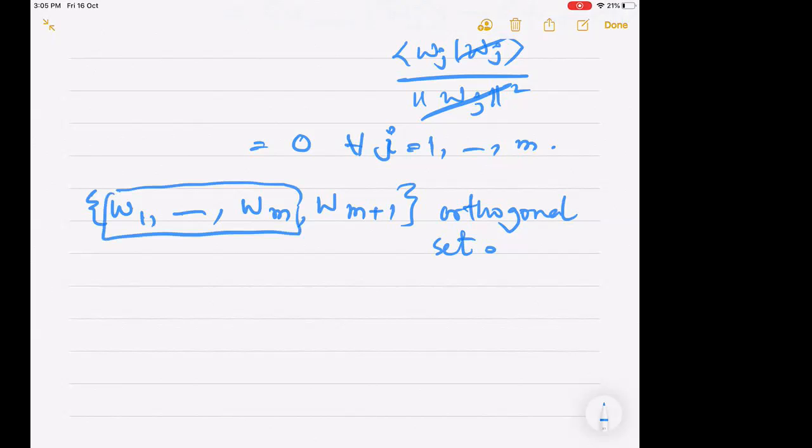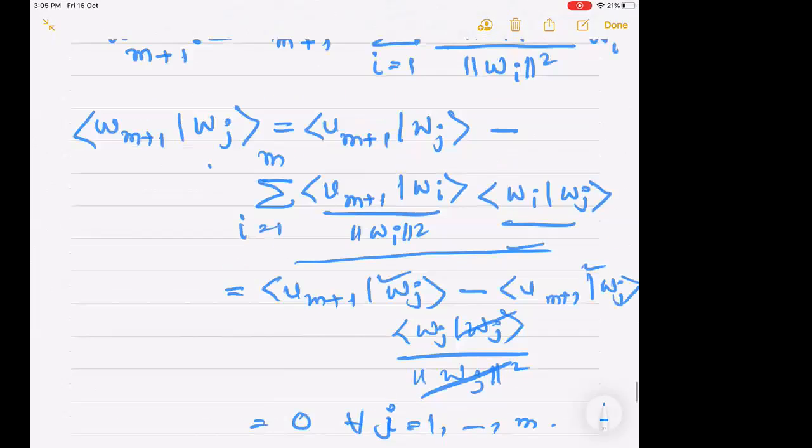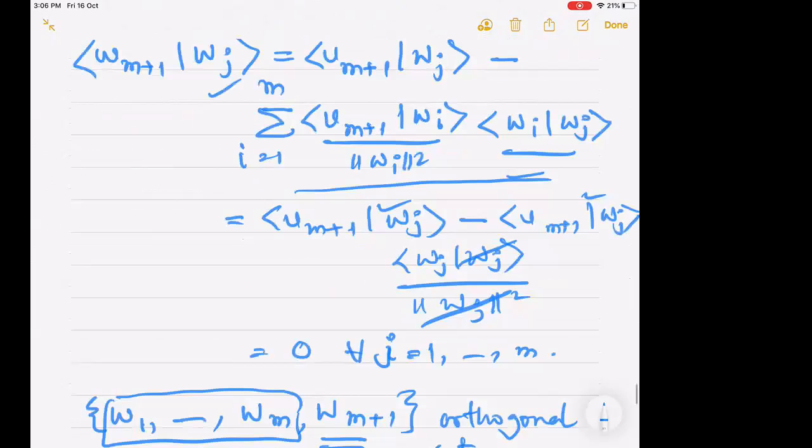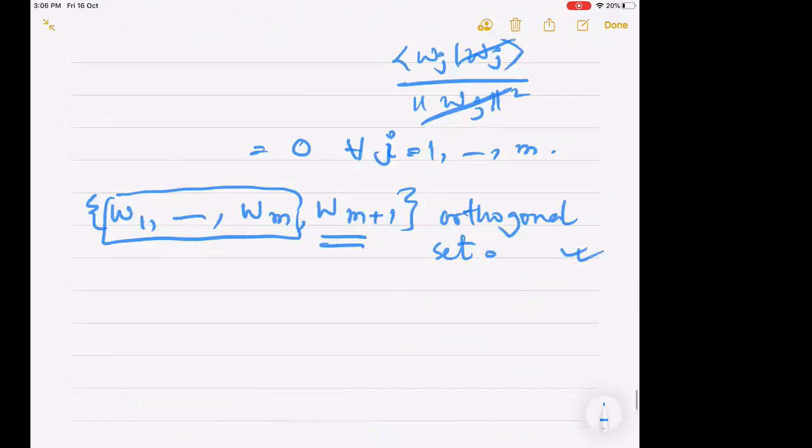So this set will be orthogonal if the pairs where Wm plus 1 is there and anything from W1 to Wm are orthogonal to each other. And that is what we have shown here. There are m equations involving j going from 1 to m, and all of them are 0. Therefore this is an orthogonal set. This part we are done.